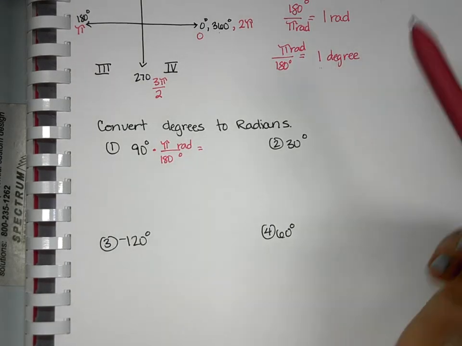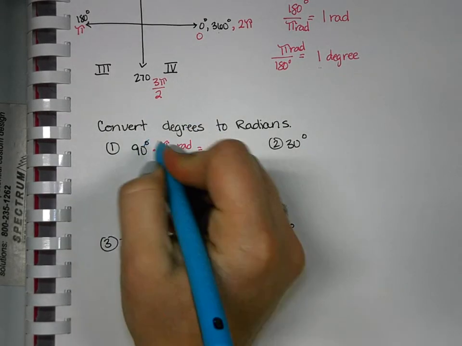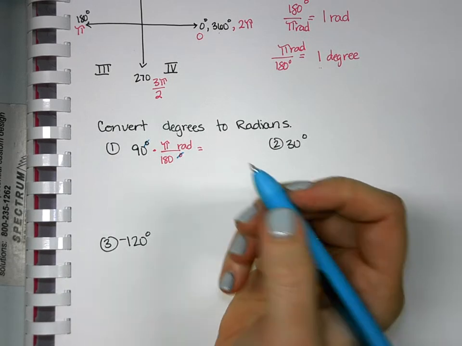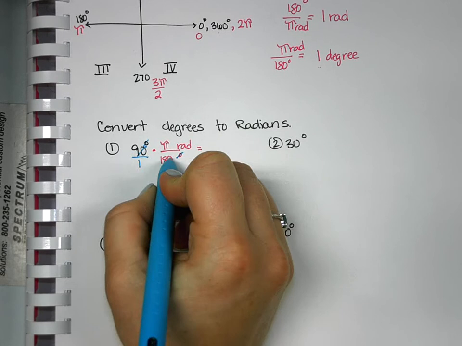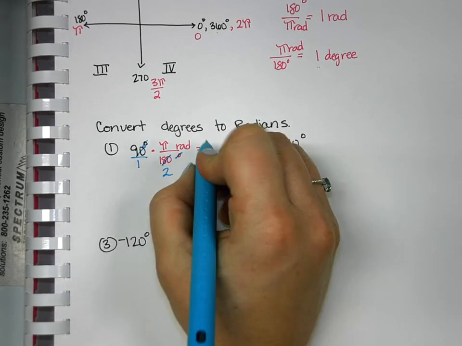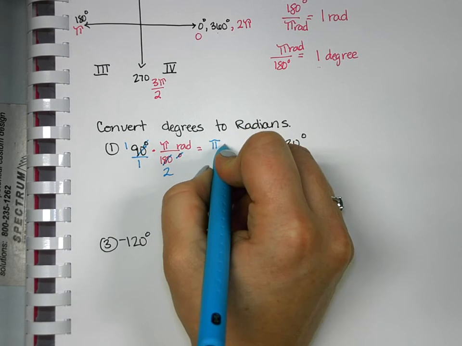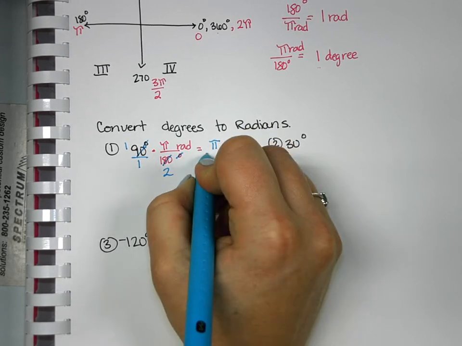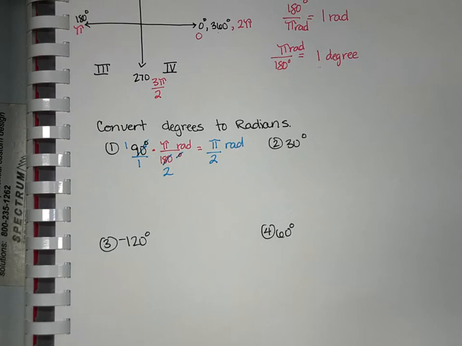The units will cross cancel. And then our numbers can also reduce, because 90 is over 1. 90 and 180 reduce to 2. When we multiply across the top, we get pi radians, and on bottom we get 2, which matches what, logically, 90 should be.